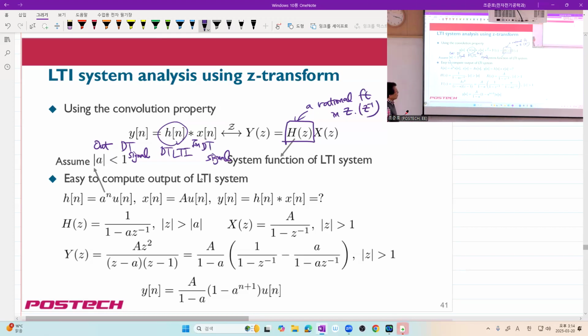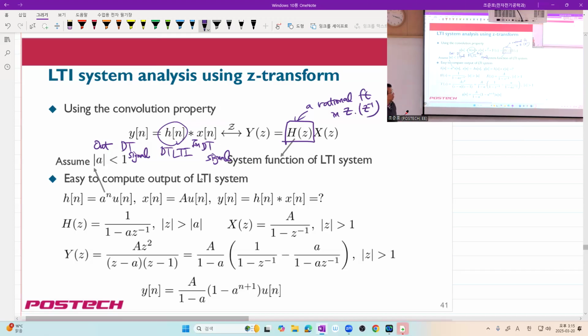Now, suppose the input signal has this Z-transform. Now, what is the output signal? We know that the multiplication of these two gives us that one. And partial fraction expansion allows us to rewrite the equation in that way.